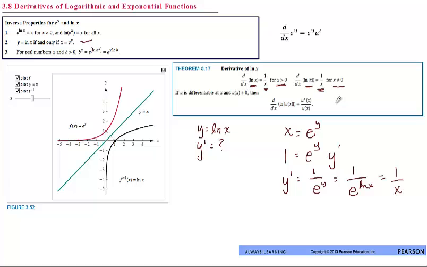You might rewrite that as saying y equals the natural log of some u, where u is a function of x, and using the chain rule, it might look a little prettier if I were to say that y prime then equals u prime over u.